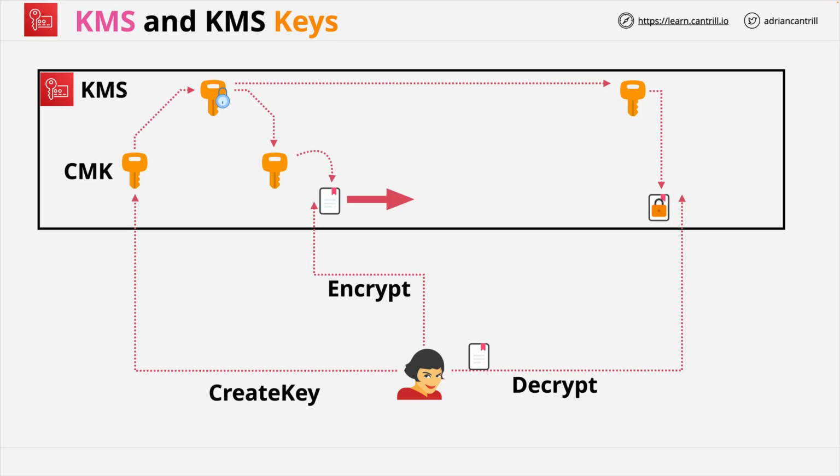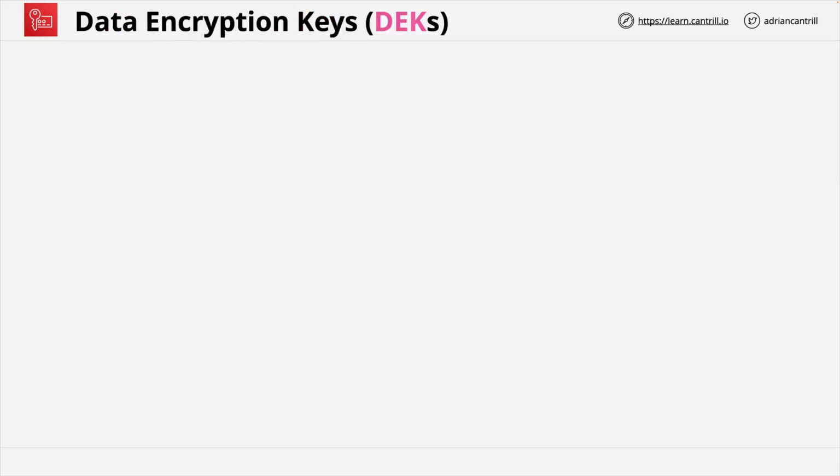Now, I mentioned at the start of this lesson that a KMS key can only operate cryptographically on data which is a maximum of 4 KB in size. Now that's true, so let's look at how KMS gets around this. Data encryption keys, also known as DEKs, are another type of key which KMS can generate.